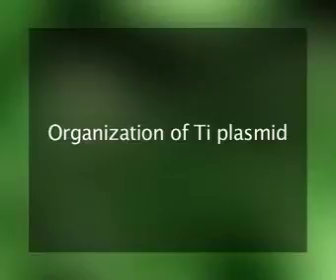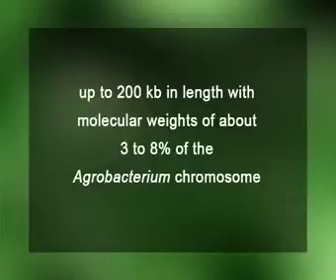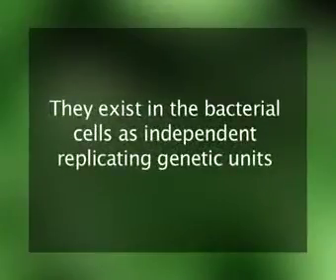Now, organization of Ti plasmid. Ti plasmids of Agrobacterium are large circular DNA molecules up to 200 kb in length, with molecular weights of about 3 to 8% of the Agrobacterium chromosome. They exist in the bacterial cells as independent replicating genetic units.